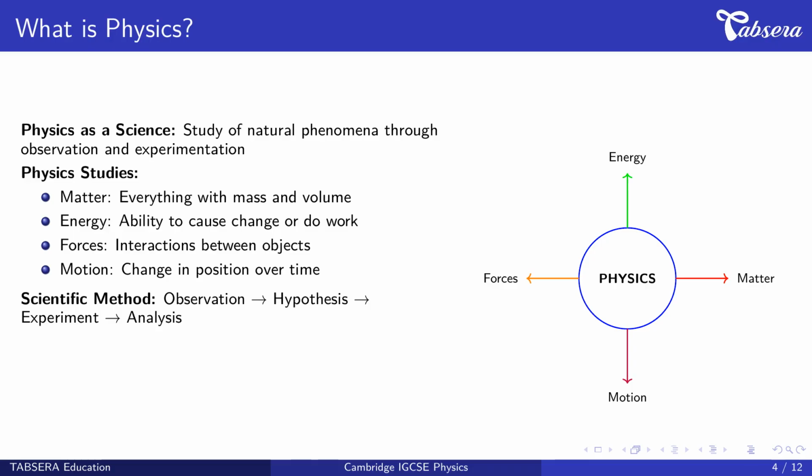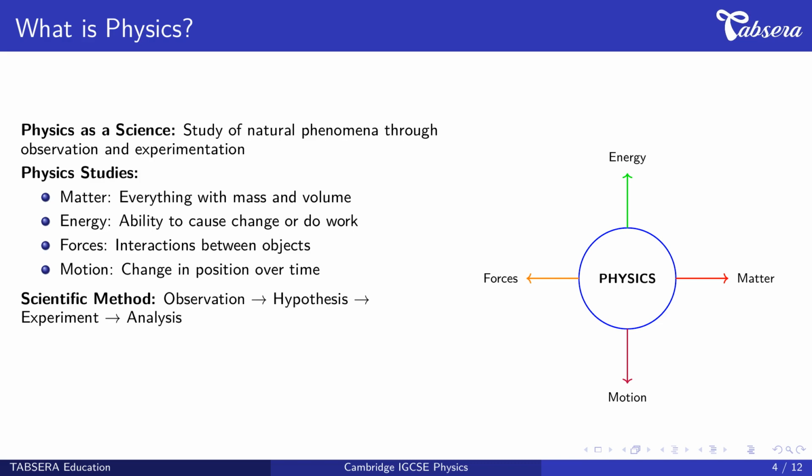Let's explore what physics actually is. Physics is a science that studies natural phenomena through careful observation and controlled experimentation. The fundamental principle is that physics seeks to understand how the universe works by examining patterns and relationships. Physics studies four main areas.